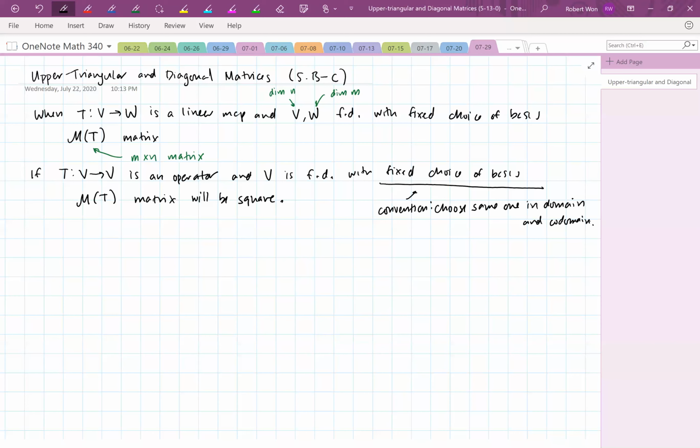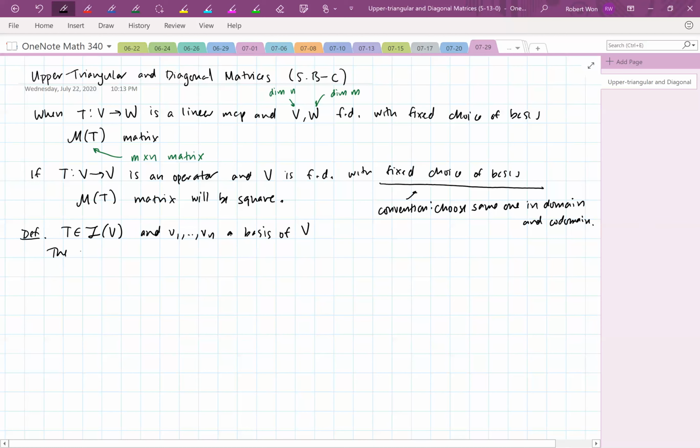Okay, so this definition is not a new definition, but it's not so bad to state a definition more than once. So here we have an operator T on an n-dimensional vector space V, then the matrix of T, this is M of T, A11.